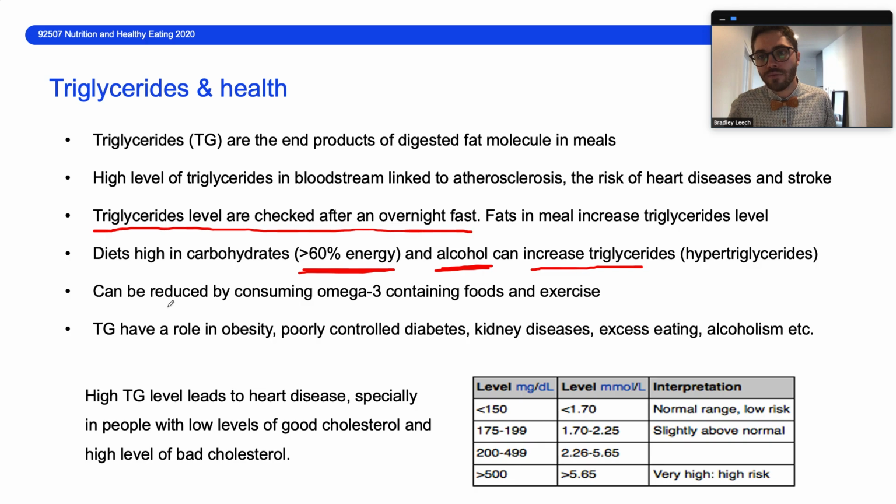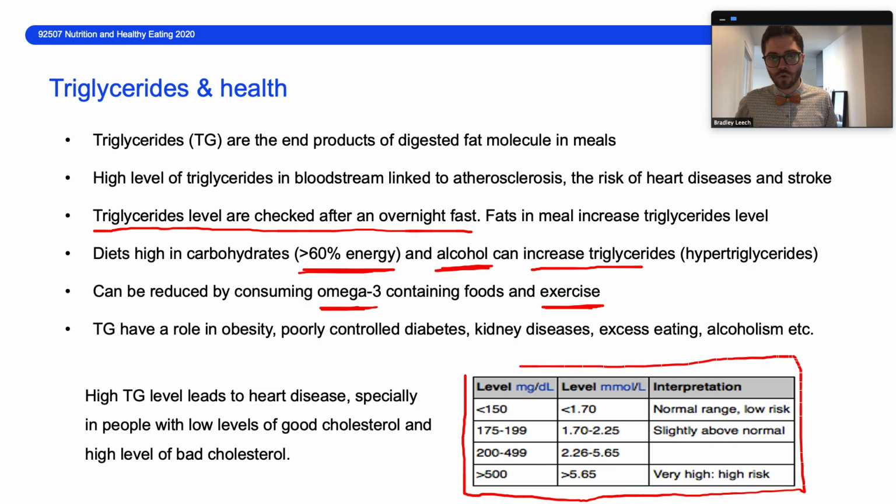Triglycerides can actually be reduced by consuming omega-3. Look at that, omega-3. And of course, exercise. Here are the levels of triglycerides in our body. There we go. The normal range or low risk of cardiovascular disease is generally below 1.7 nanomoles per liter right here.